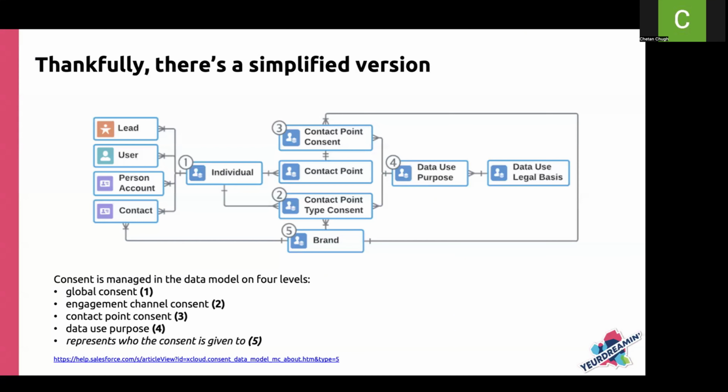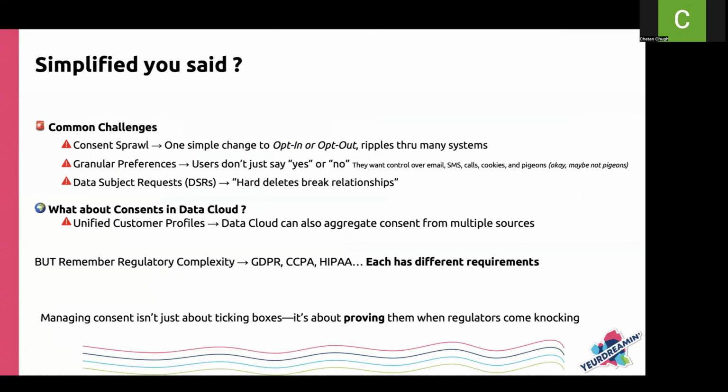Because if a consent is given, there is a very clear dimension to it: why was it given, for what purpose, through which channel, and who was it given to. Those are the important things to keep in mind when you're looking at consents in Salesforce. But that's not such a happy story overall at the end, right?